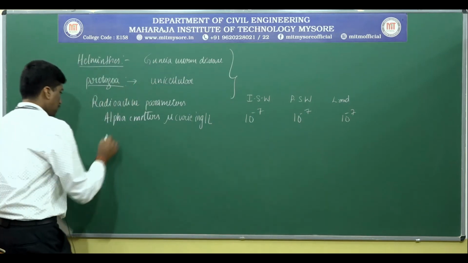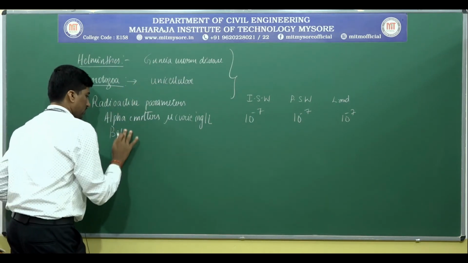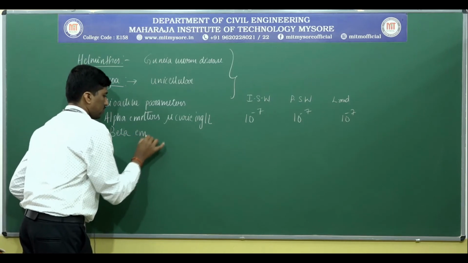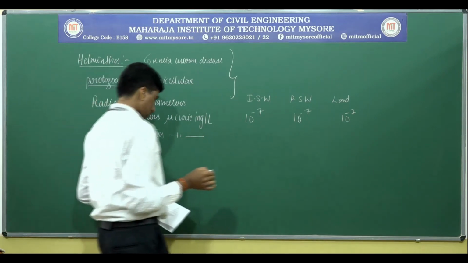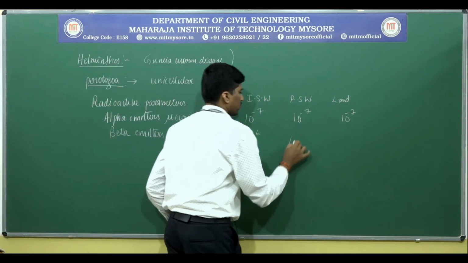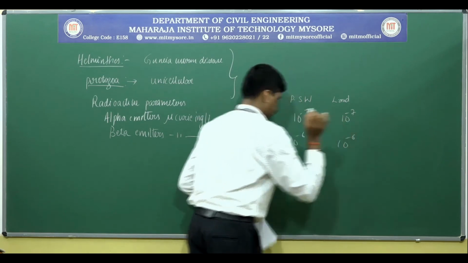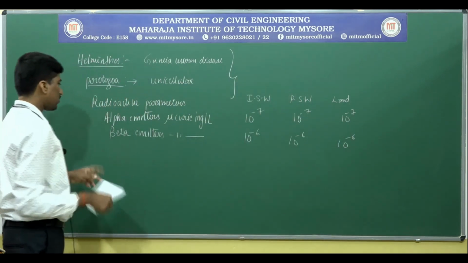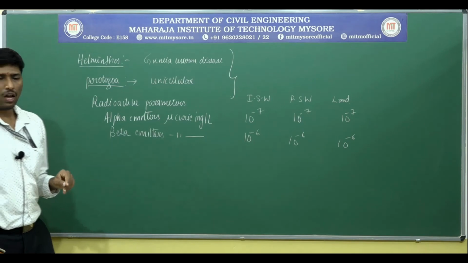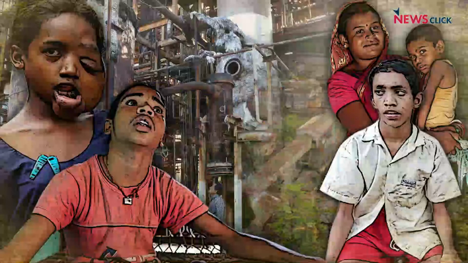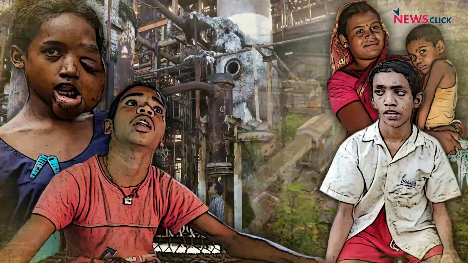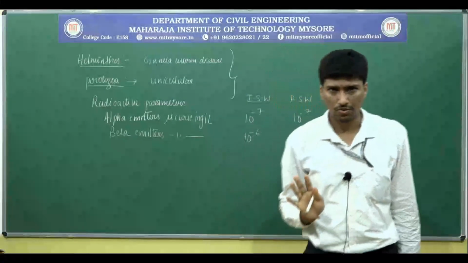In the case of beta emitters, the negatively charged type of radiations, again in terms of microcurie, it is 10 power minus 6. These are the parameters, and if they are more than 10 raised to minus 7, say 10 raised to minus 3 or 10 raised to 2, 10 raised to 1 and so on, it is very much dangerous.